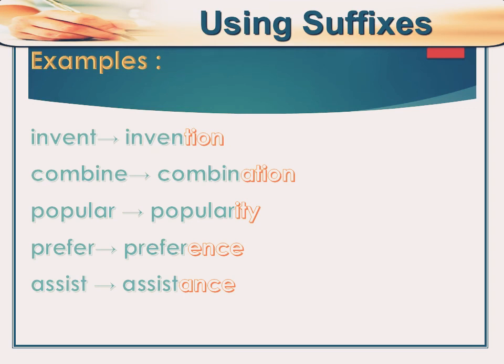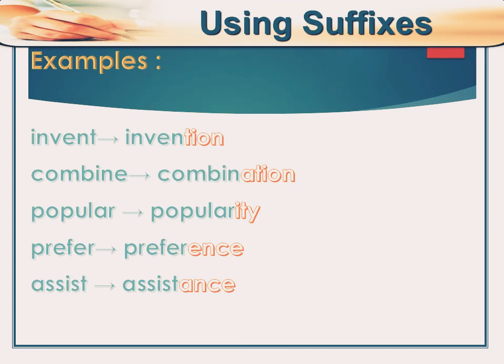So let's deal with some examples below. To the verb invent, we attach the suffix tion, which is used to form an abstract noun from the verb.